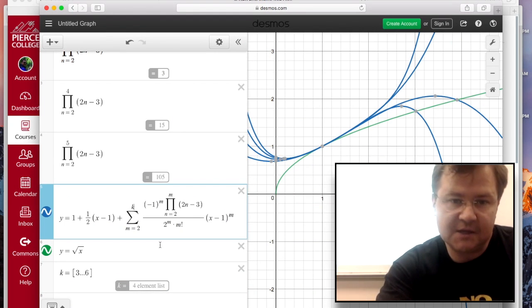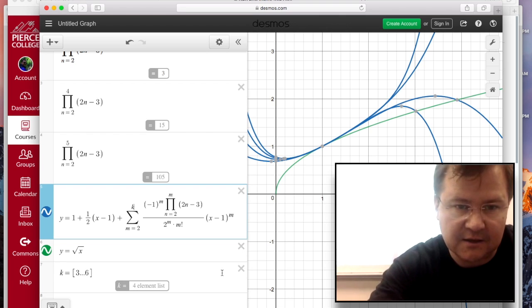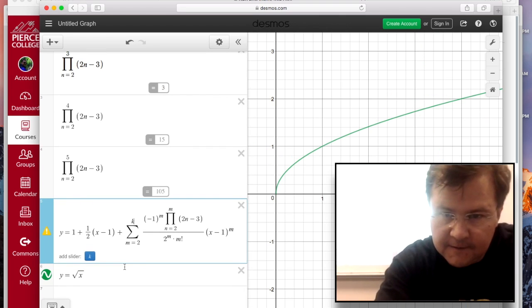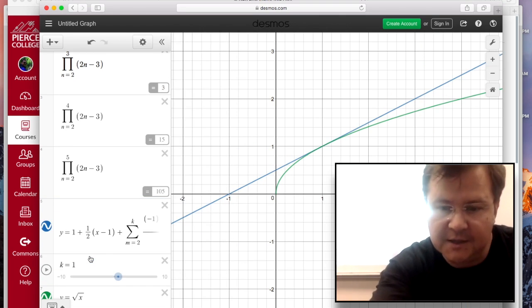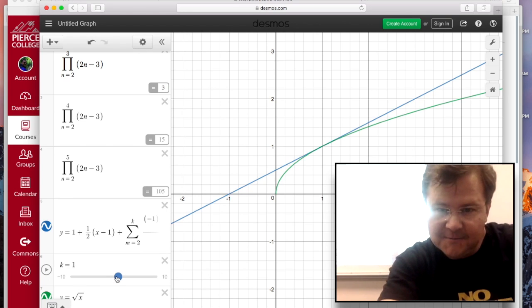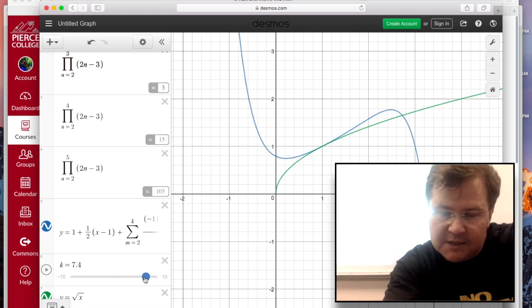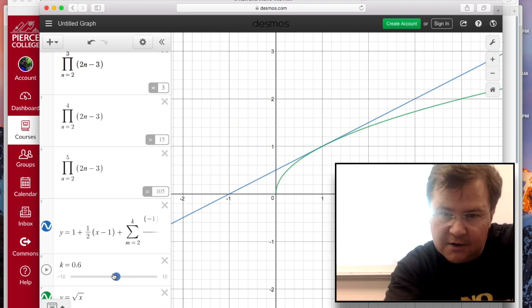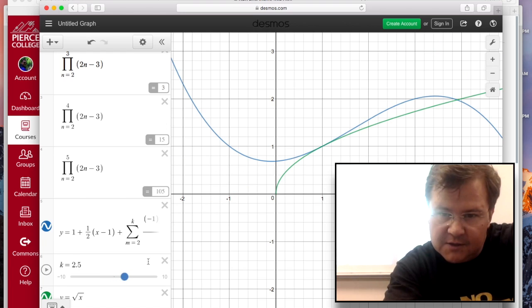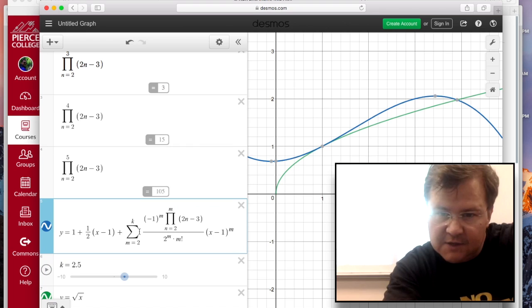But let's see, what if I take this 4 and turn it into a 6, let's say? Or perhaps a 10. The radius of convergence might be less than 1. I mean, it does follow pretty closely around here. But here it's kind of weird that it's going up like that. That's kind of unexpected.